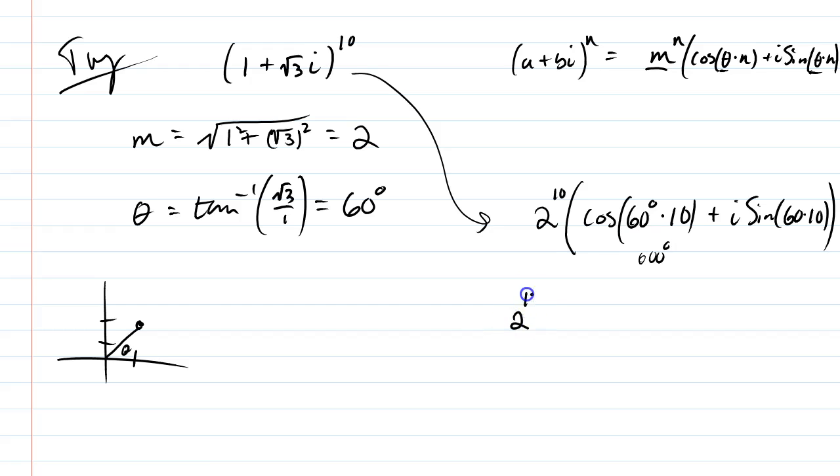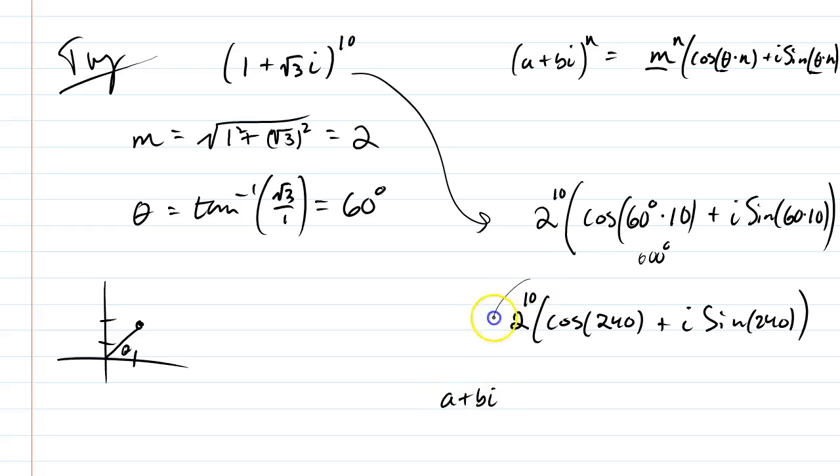So my final answer here would be 2 to the power of 10 cosine of 240 plus i sine of 240. There we go. If we had asked for a plus bi, all we would need to do is take the magnitude and multiply it in.